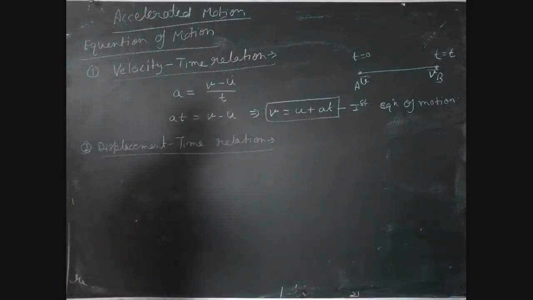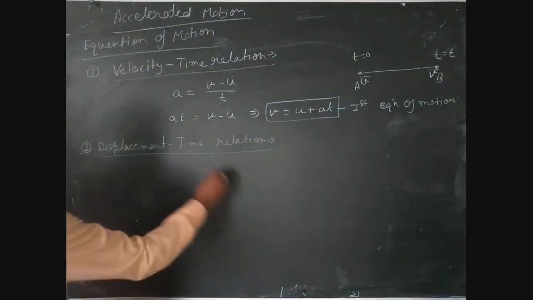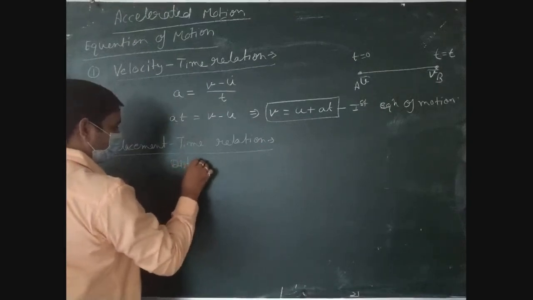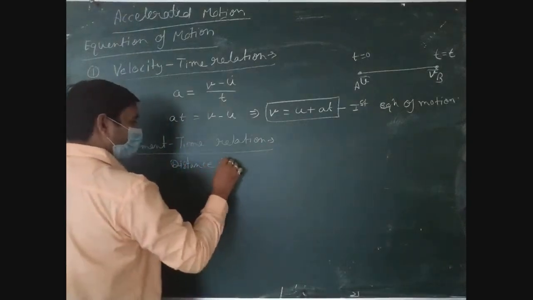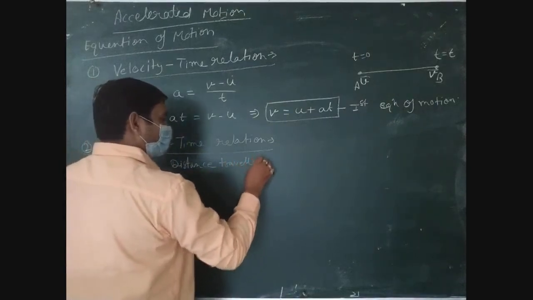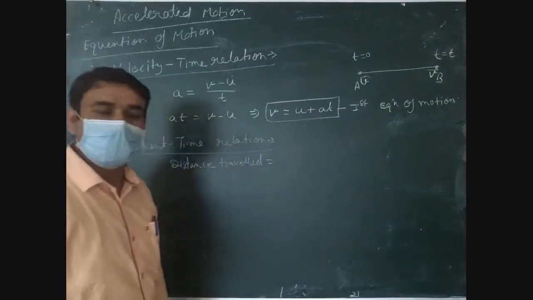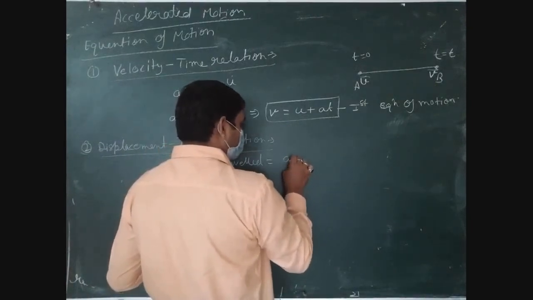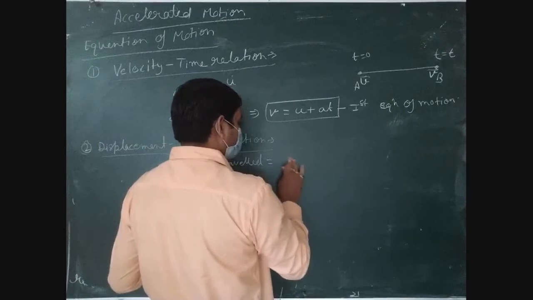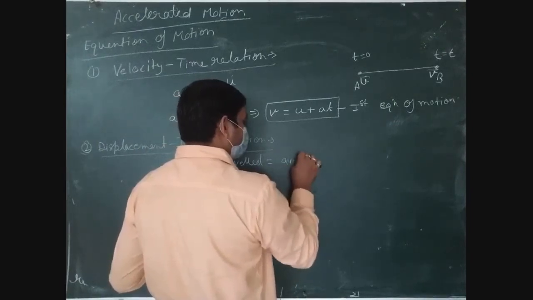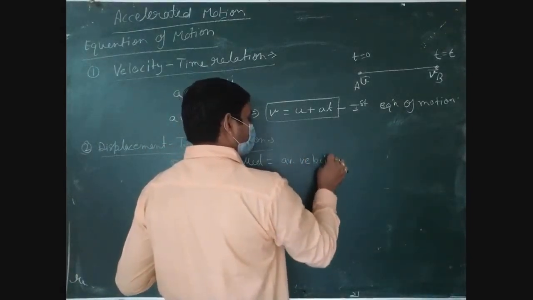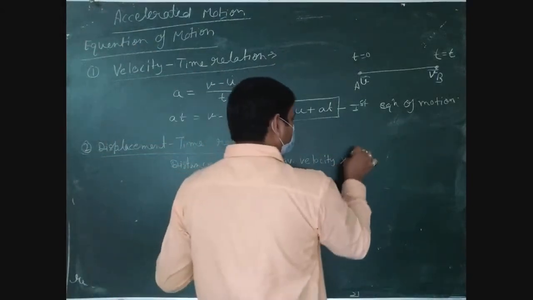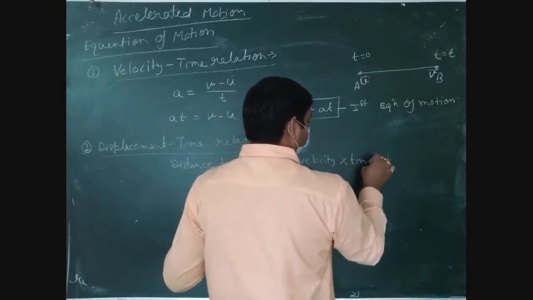For the displacement time relation, the distance traveled is equal to average velocity in between the motion into time taken.